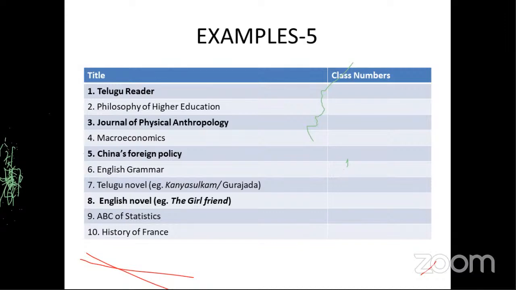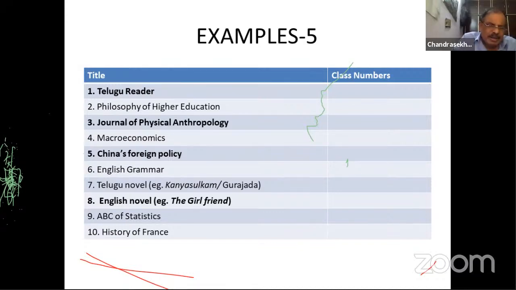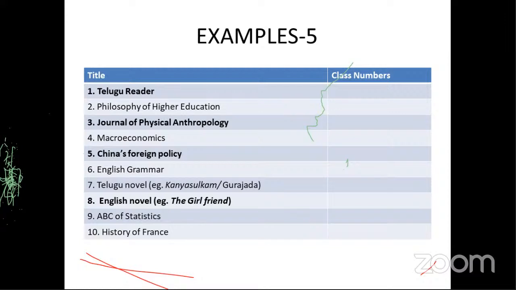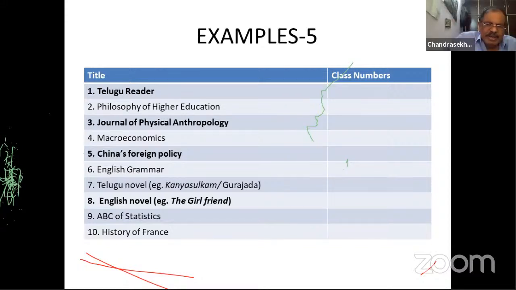History of Russia. 4 is Europe, 4 for France, 47 is Russia.